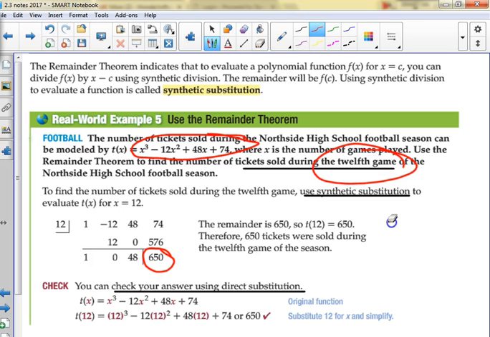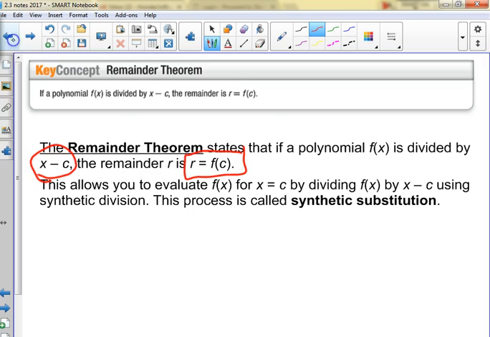What it means, though, is we can work it either way. If we want to predict whether something is going to be a factor and come out even, we could just put the number into the function and see if we get out a 0.